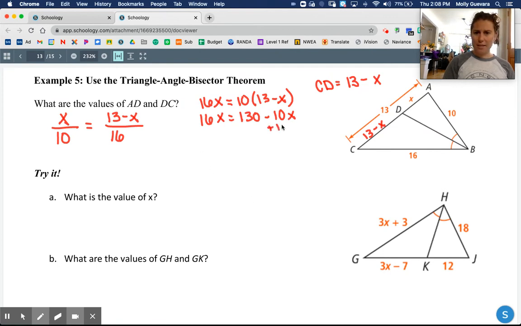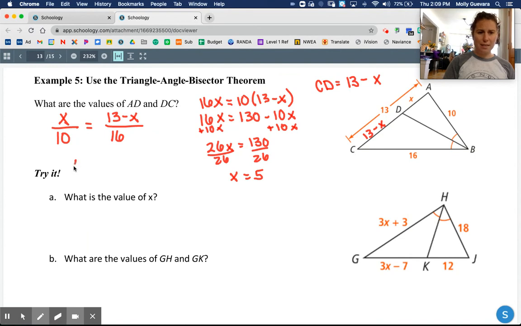Let's add 10X to the other side. So I have 26X equals 130. Divide by 26, divide by 26, and I get X is equal to 5.